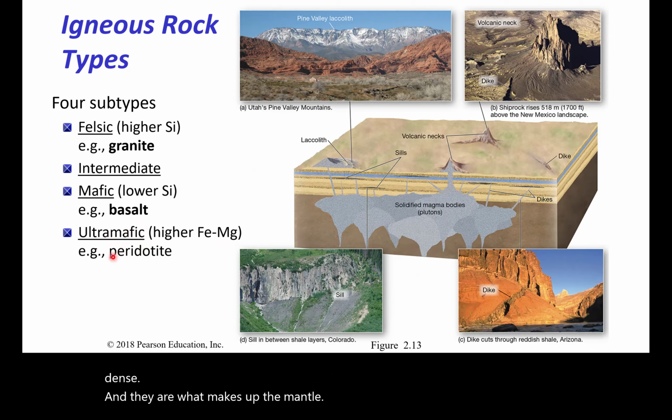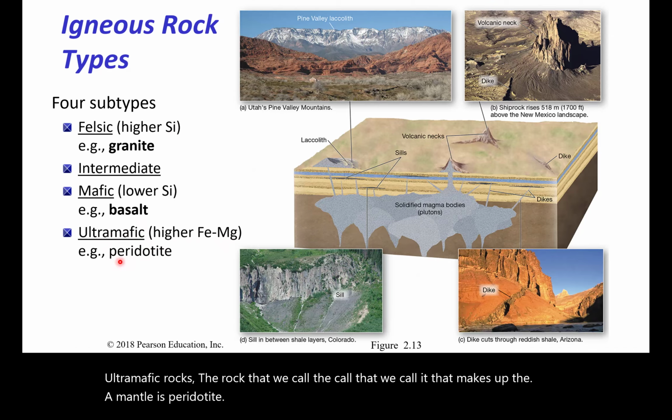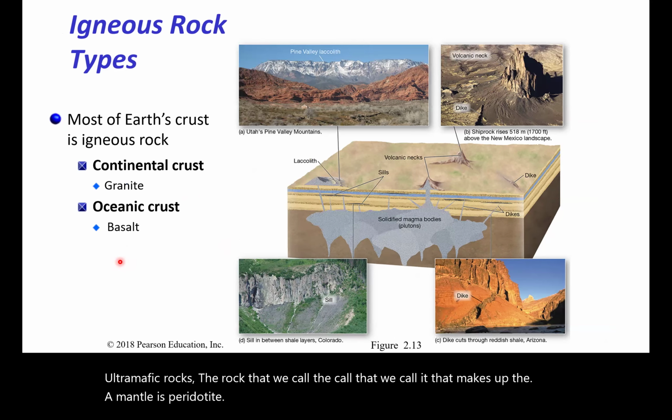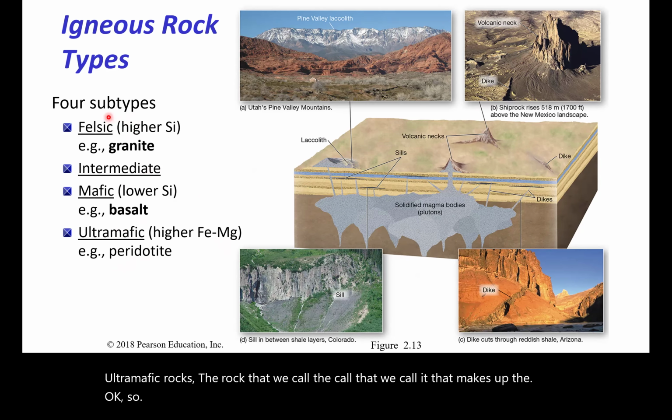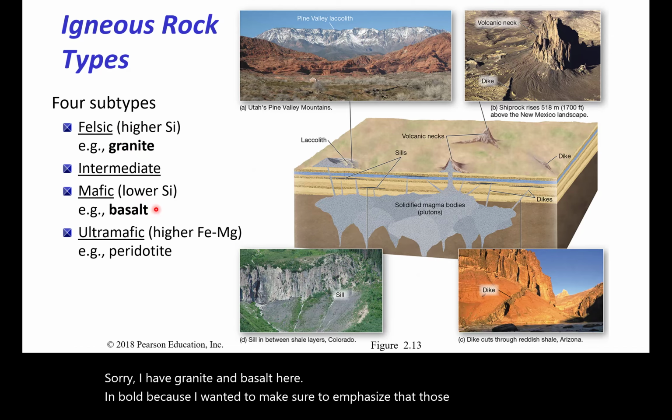Ultramafic rocks, the rock that makes up the mantle, is peridotite. Sorry, I have granite and basalt here in bold because I wanted to emphasize that those are the two igneous rocks that you should remember.